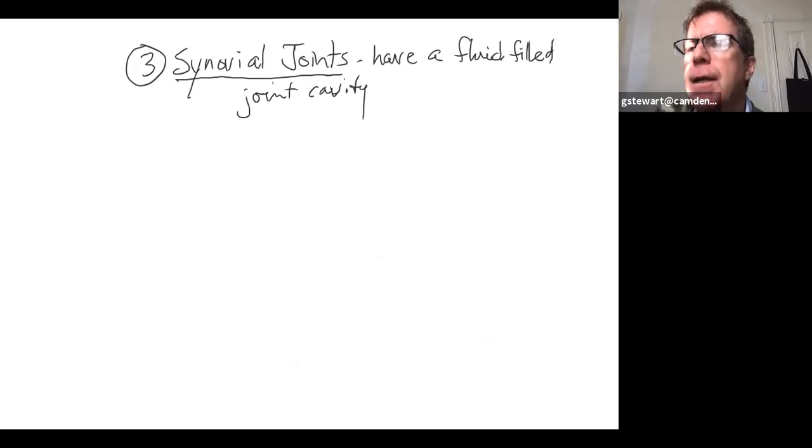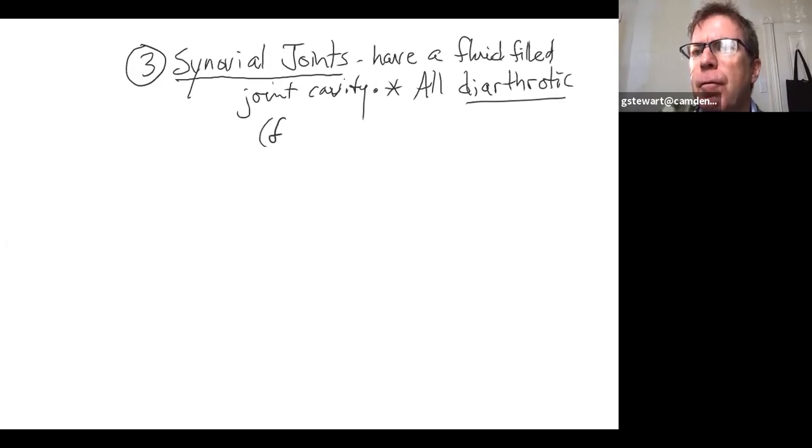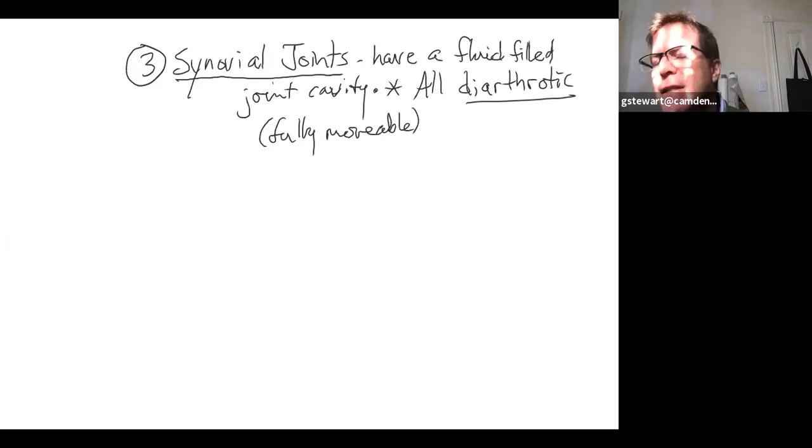And they are all diarthrotic. That means they're all fully movable. And there's lots of them, and there's lots of subcategories and classifications.